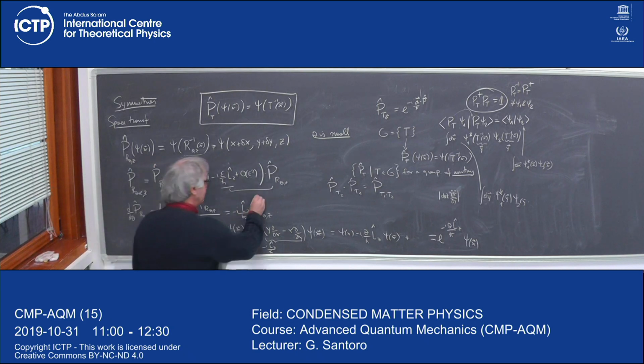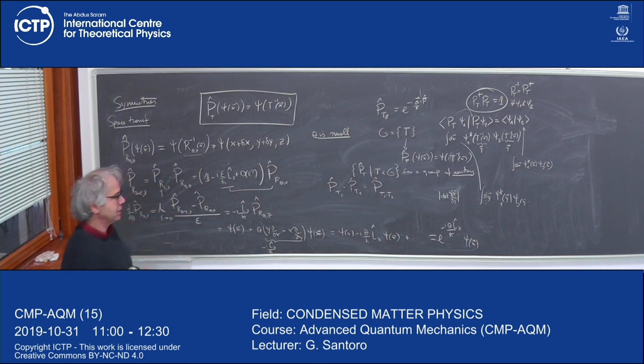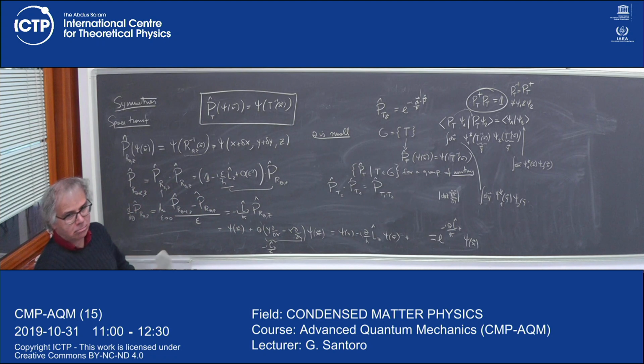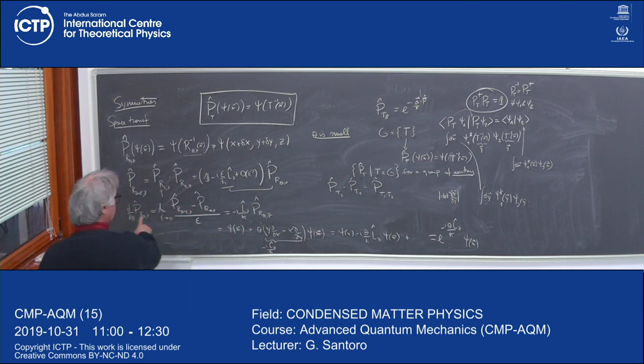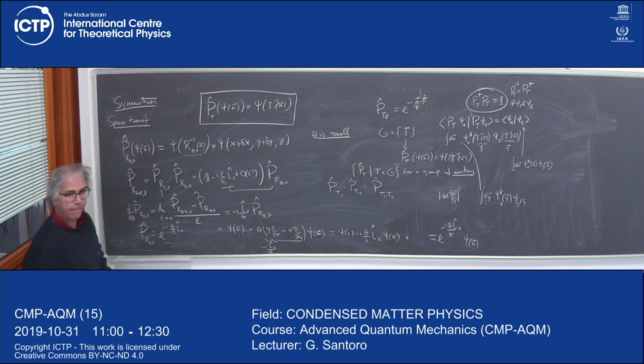But if I know that the derivative is equal to this, I know essentially that the solution of this differential equation is P of R theta Z equal to e to the minus i theta Lz over h bar. Do you realize why?